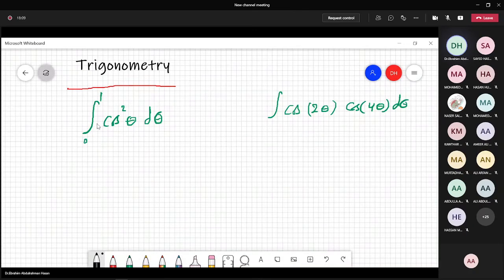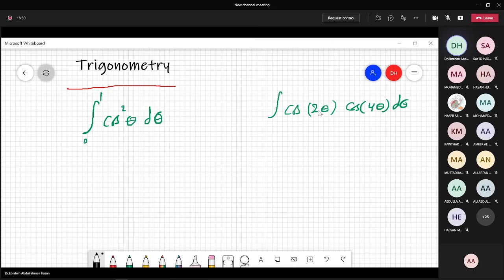If we have a sine multiplied by sine, then it is solvable. But here we need to find an equivalent of cosine square. In other words, we need to linearize this one, then we can solve it. Similarly, here we have cosine 2 theta multiplied by cosine 4 theta, different angles.